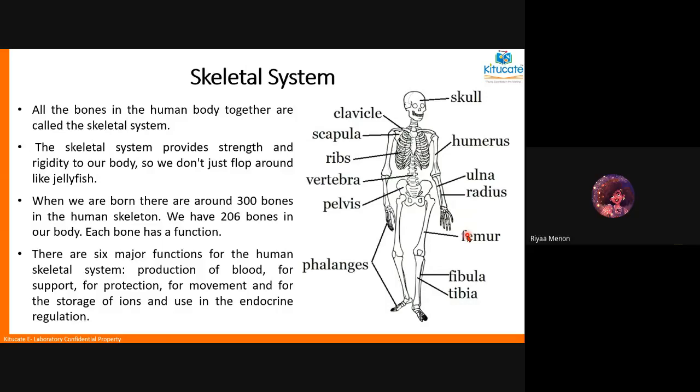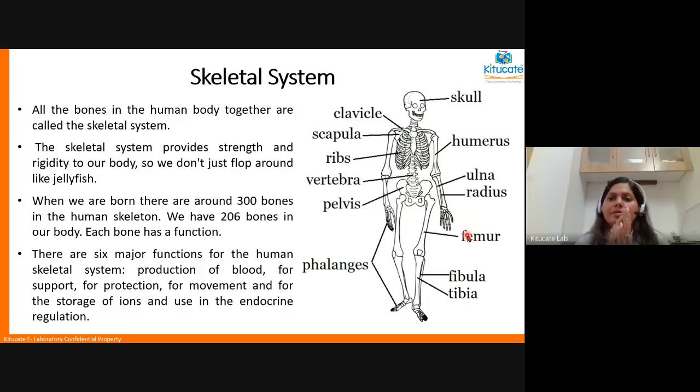So they protect the vital organs, and then there's one very, very important role of the skeletal system.